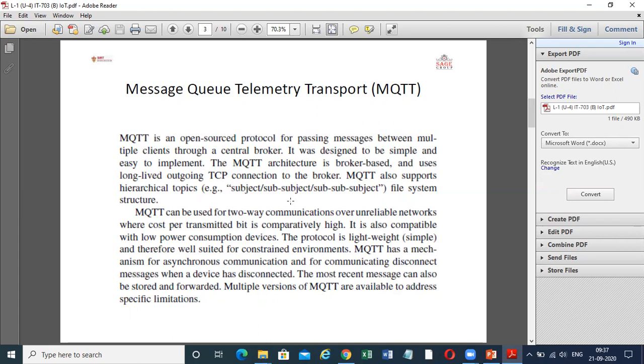MQTT also supports hierarchical topics. Now, MQTT can be used for two-way communication over unreliable networks where the cost per transmitted bit is comparatively high. It is also compatible with low power consumption devices. The devices will consume low power.